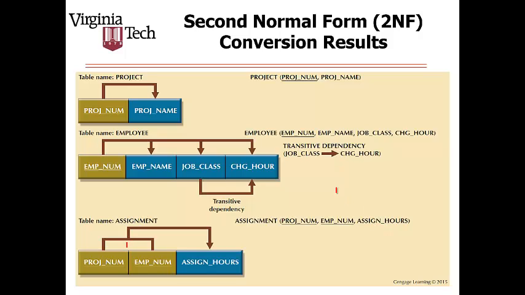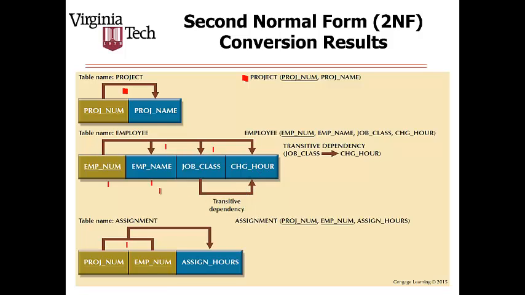So here's our new set of relations that we have after we have converted to second normal form. So we have the project number determines the project name, and we have a new relation, project num, project name. We have the employee number determines the employee name and the job class.